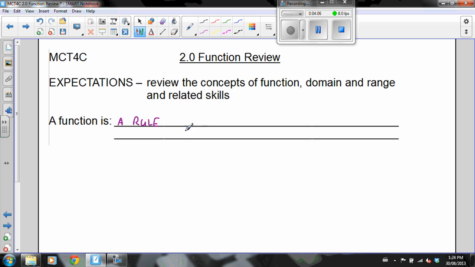That's it, just a rule that maps. By maps, we could use the word takes, but maps has a math feeling to it. Maps elements, and by elements we usually mean numbers, of one set.